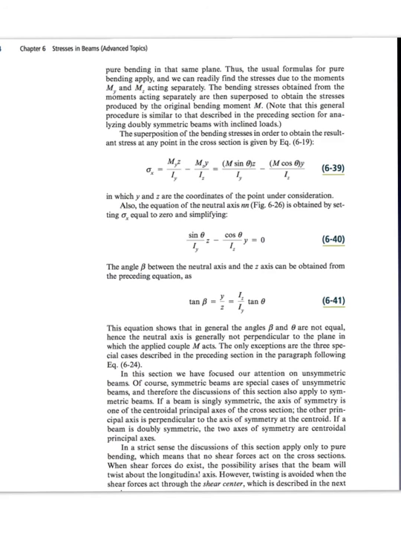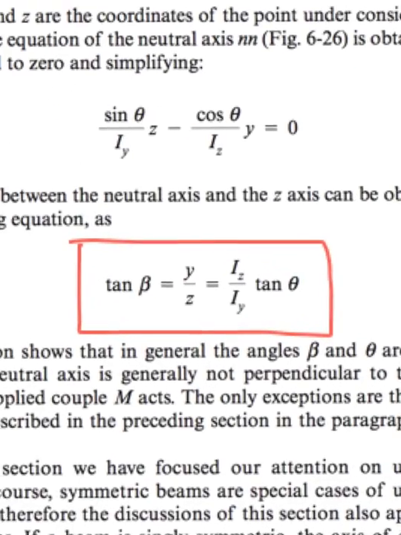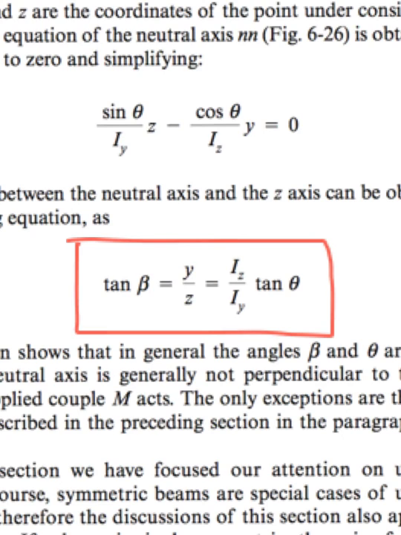Here we see the last part of the derivation of equation 641. So this is the part that is important for us. And this is the equation that we use to calculate the angle beta.